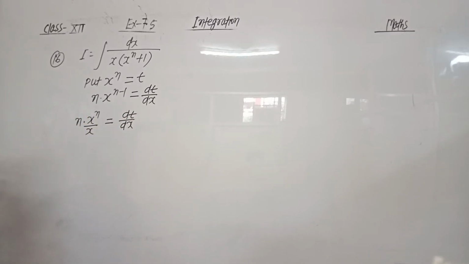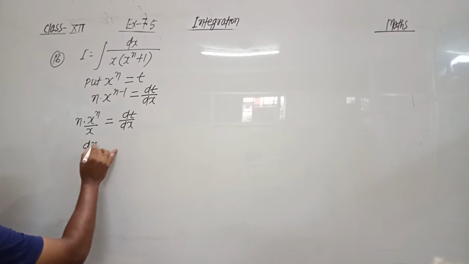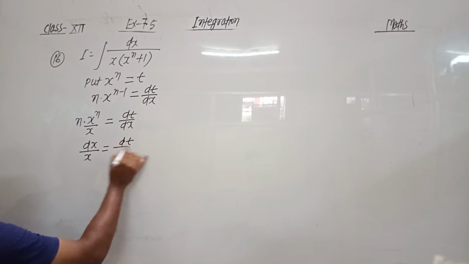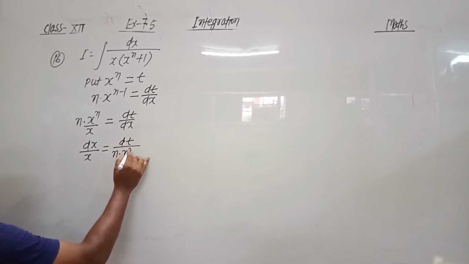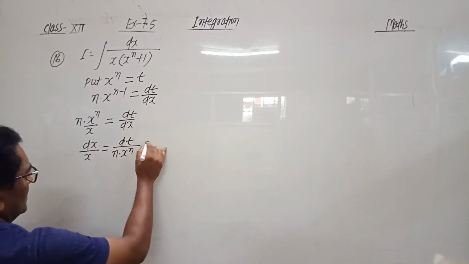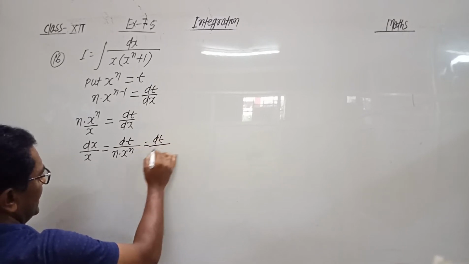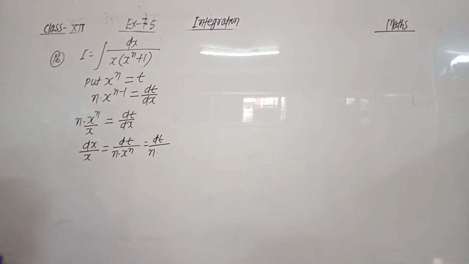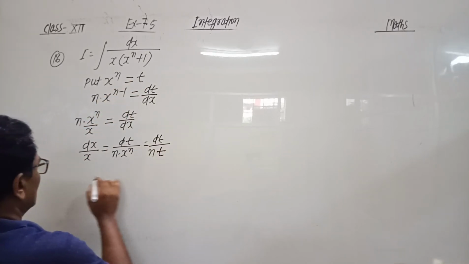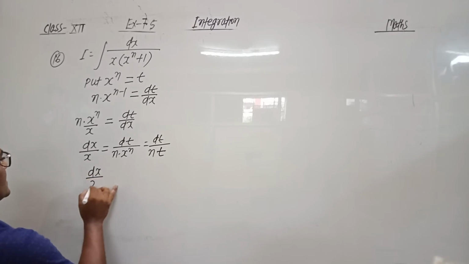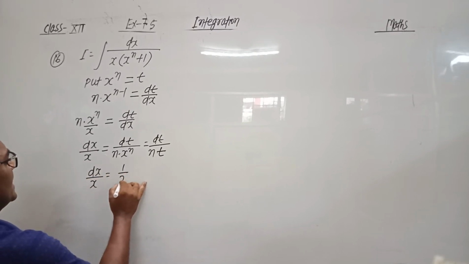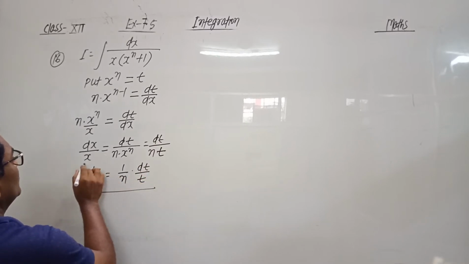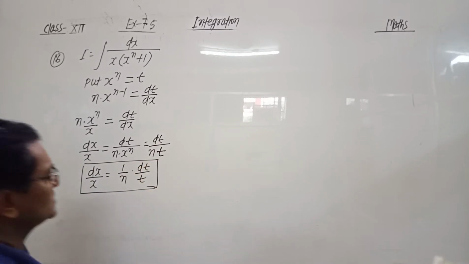Now by cross multiplication dx by x is equals to dt upon n into x raised to the power n. So dt as it is, n as it is, and the value of x raised to the power n can be written as t. So we get dx by x equals to 1 by n into dt by t. This is the value of dx upon x.